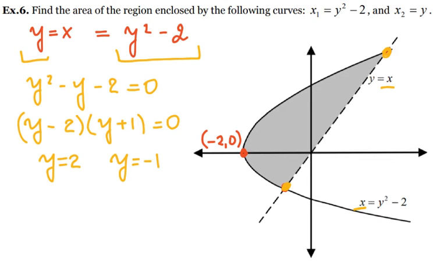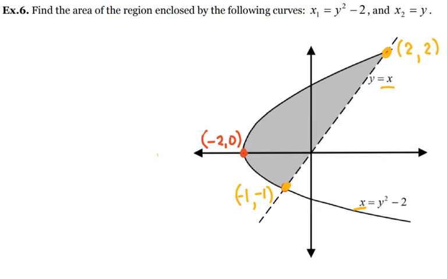So my points are going to be -1 for y here, and my point here is going to be 2. Because x is equal to y, then x is also 2, and because the x equals y line is at the bottom point as well, we can say this one is -1 as well.